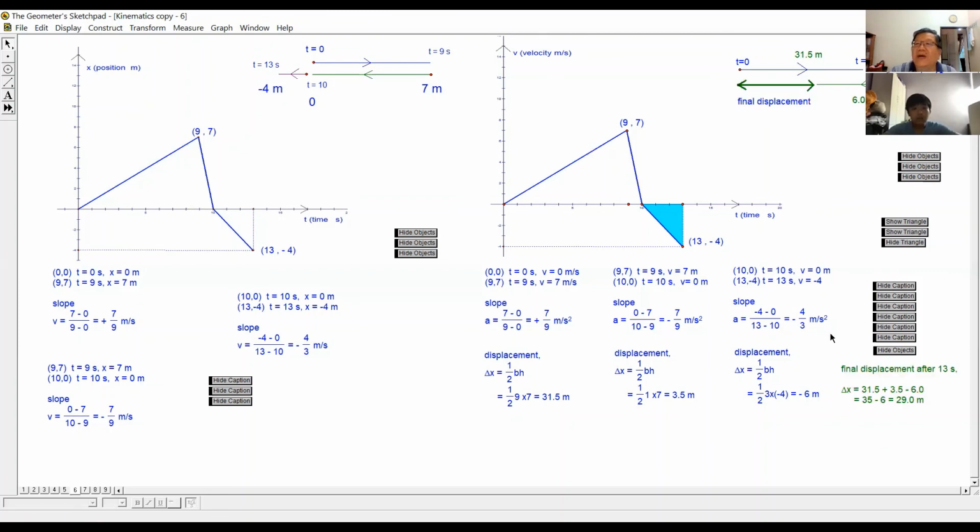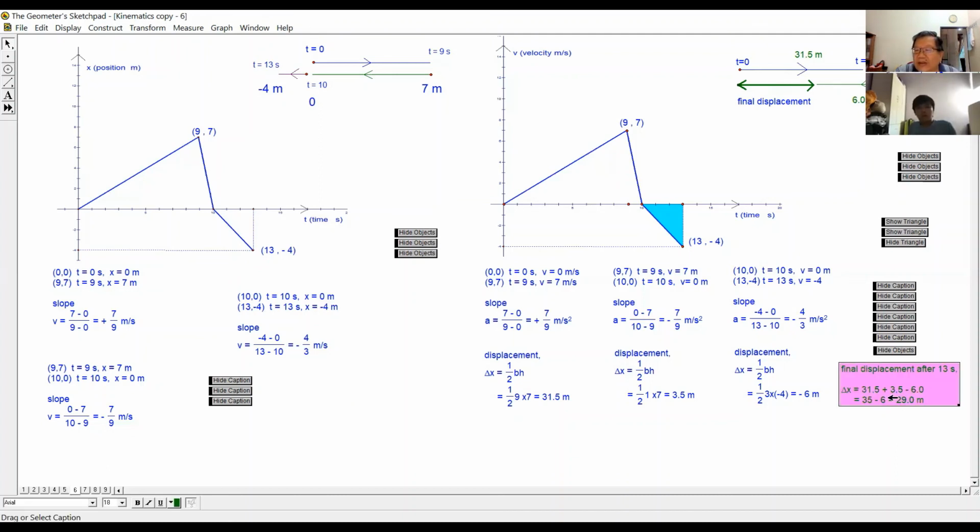Then finally, what is the final displacement? Okay, so finally it is here. How far is it from the starting point? We take 31.5 plus 3.5 minus 6, then you will know how far it is from the initial starting point.